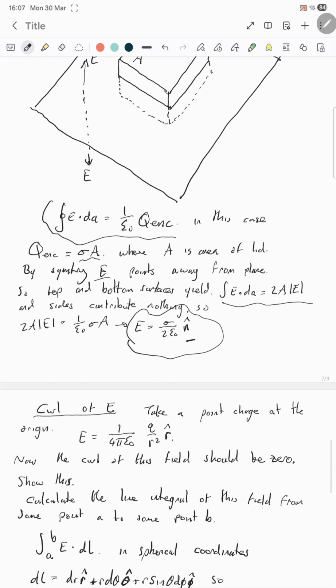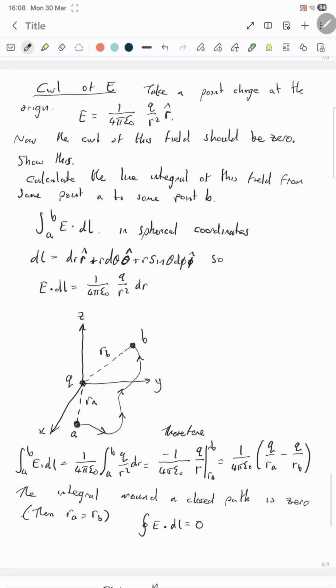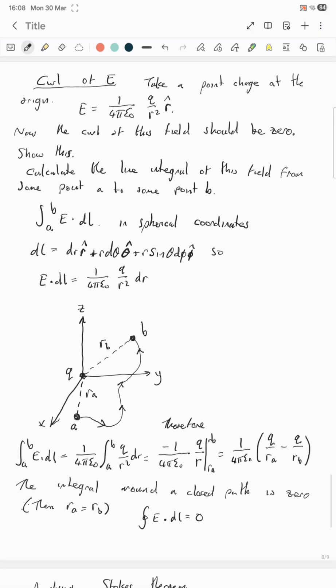Now, the curl of E: we'll take the point charge at the origin, again given by this. Now, the curl of this field should be 0. We'll show this. We'll calculate the line integral of the field from some point A to some point B, given here in the integral. In spherical coordinates, our line element is this, so we get this.